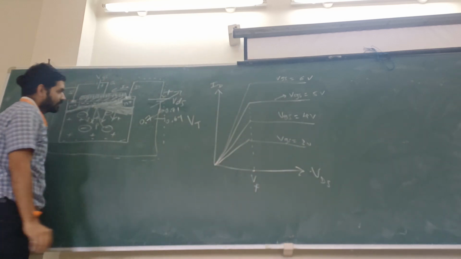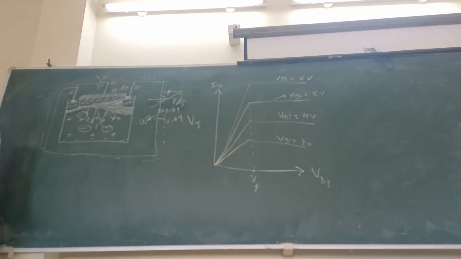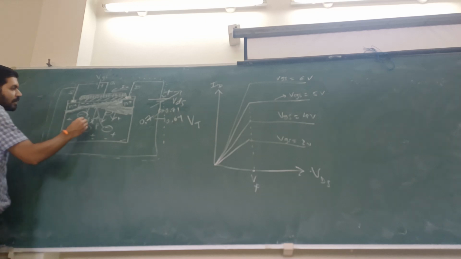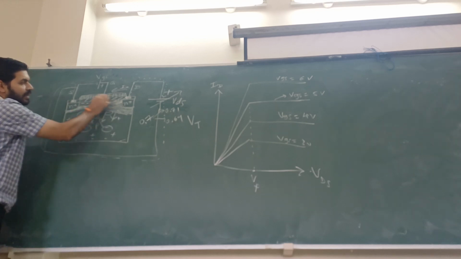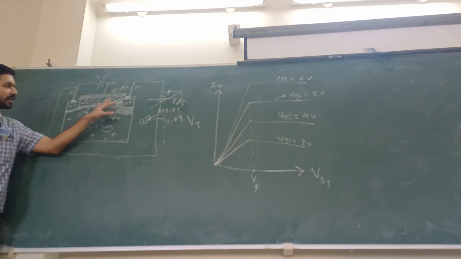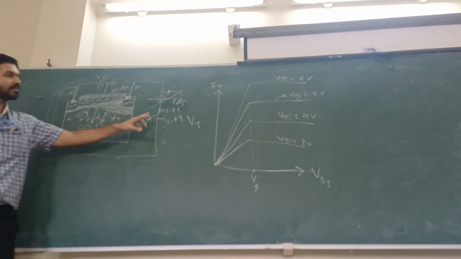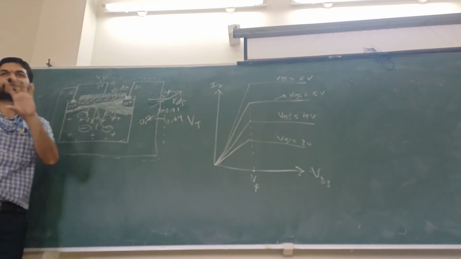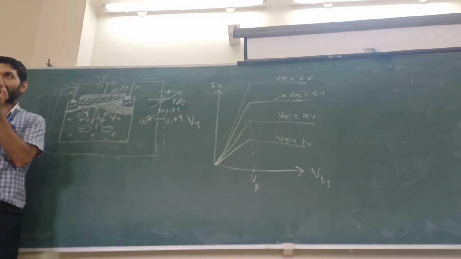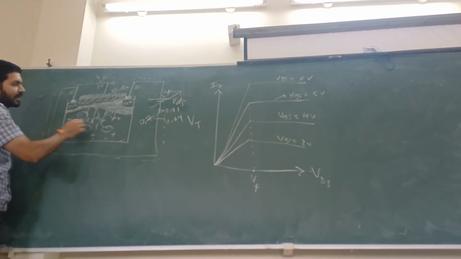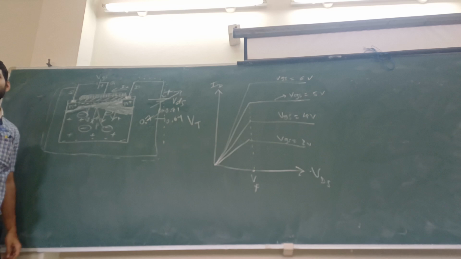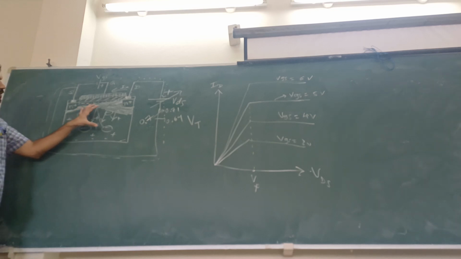And one more way of changing the threshold voltage is to change the doping concentration in the substrate. Finally, what are we changing? Threshold voltage means when the device should be on, and that is what we want to change. So if you increase or decrease the doping concentration, the channel formation timing will change.